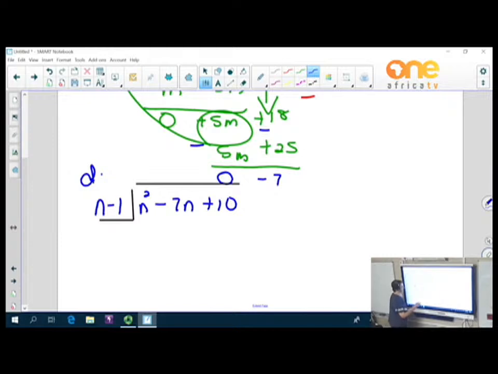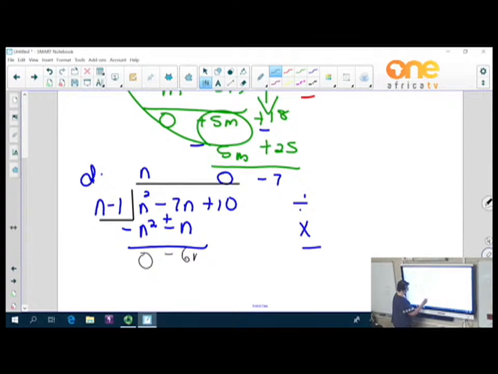So divide, multiply, subtract. How many times will it divide? n times. Multiply: n squared minus n. Change the second signs to subtract. This one eliminates. This one is negative 6n. I bring down this one, plus 10.